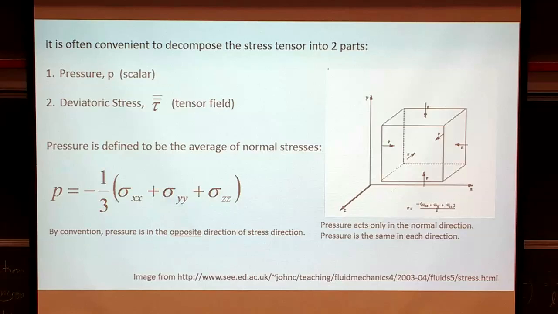Because by convention I want pressure in the opposite direction, we put a minus sign there. So this is something you always need to keep track of. Look at your stress directions. If you're following someone else's derivations, look at the stress directions and the pressure directions. They differ from textbook to textbook and research paper to research paper, so it's very important.